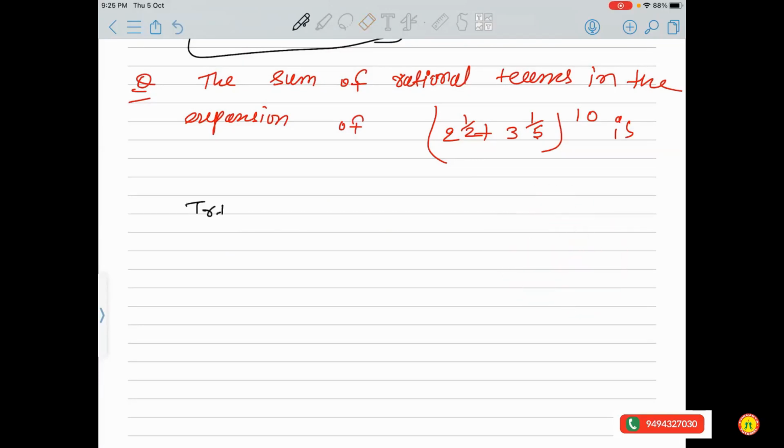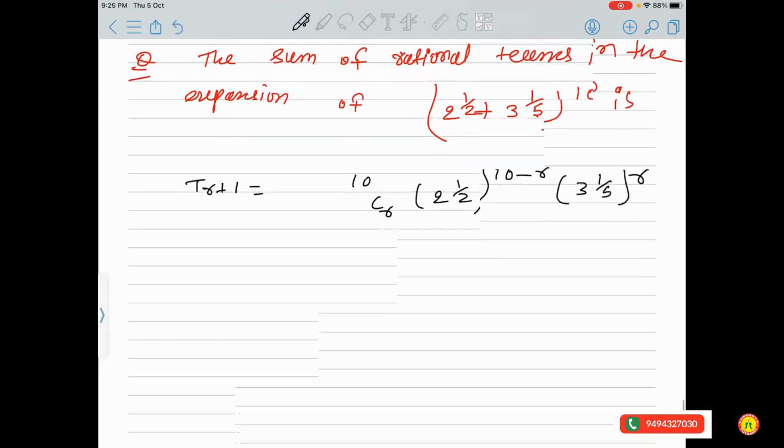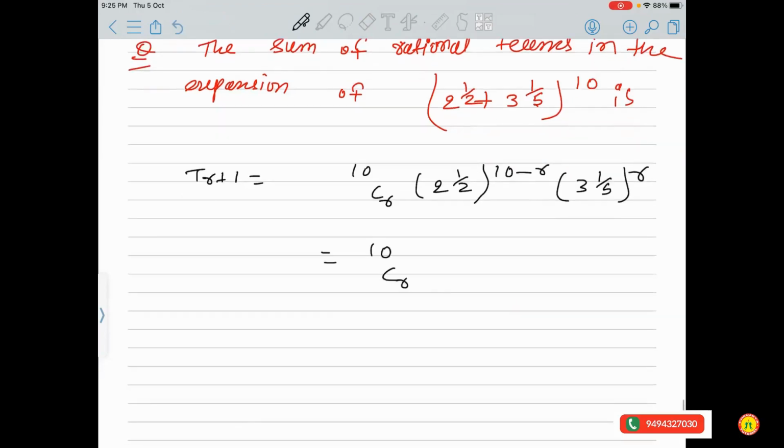So T(r+1) is equal to 10Cr (2 power 1 by 2) power (10 minus r) and (3 power 1 by 5) power r, right? So it becomes 10Cr 2 power (10 minus r) by 2 into 3 power r by 5.